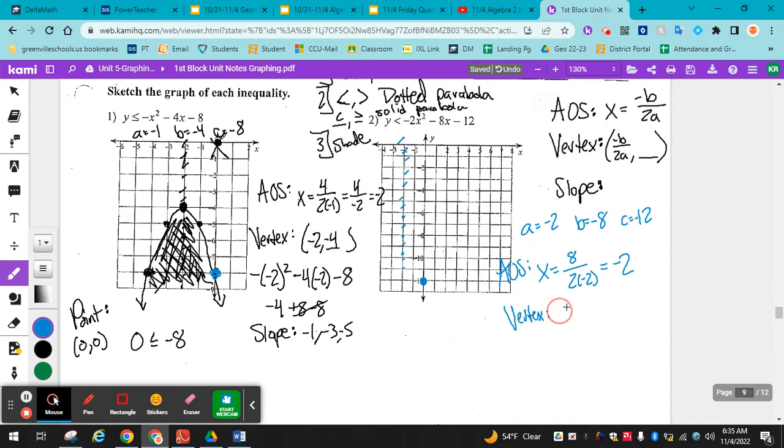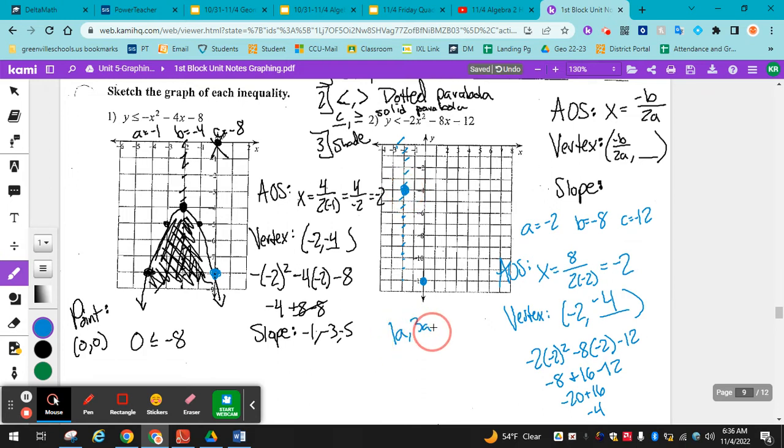Your vertex, I'm plugging in -2. See what we get out. -4, -8, 16 minus 12, -20 plus 16 is -4. -2, -4, right here. 1a, 3a, 5a.